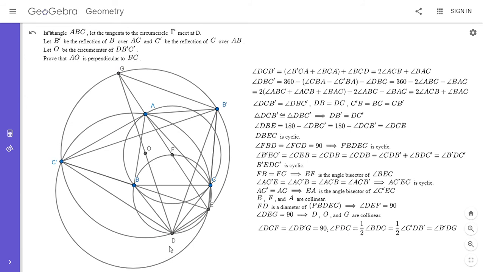So FDC is obviously half of angle BDC, and we said before that angle BDC is the same as angle C prime DB prime. So from there, it's easy to see that angle FDC has to equal angle B prime DG, and so those two triangles are similar.